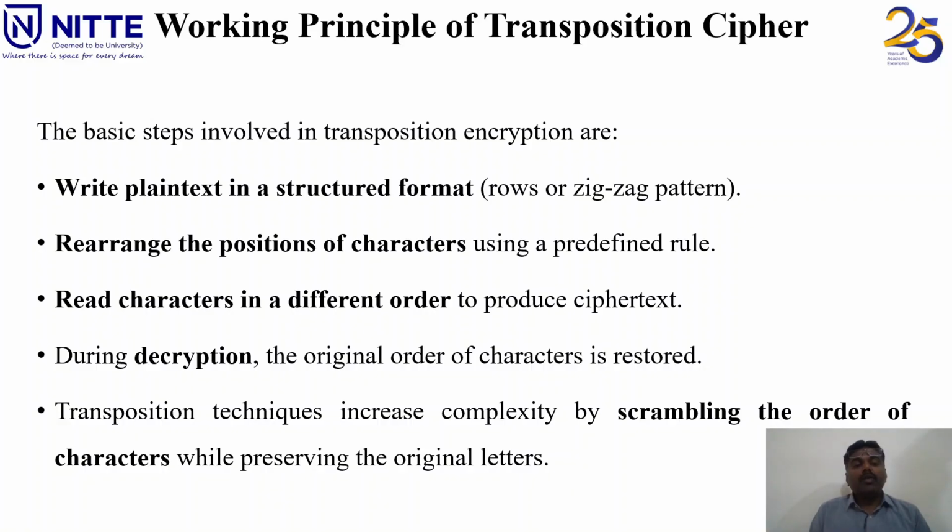Then we rearrange the positions of the characters using predefined rules. Then we read those characters in a different order in order to produce the cipher text. In the case of decryption, the original order of the characters is restored.